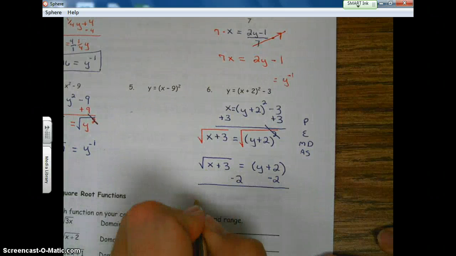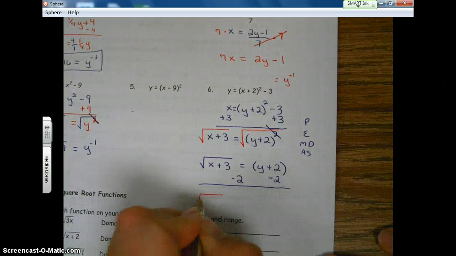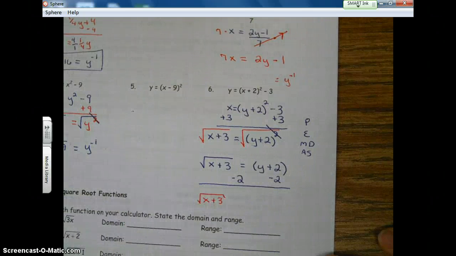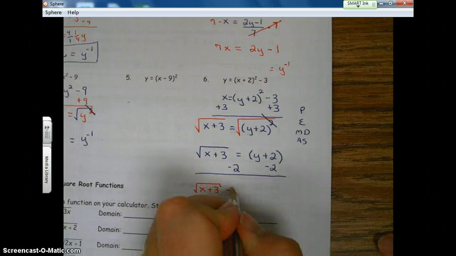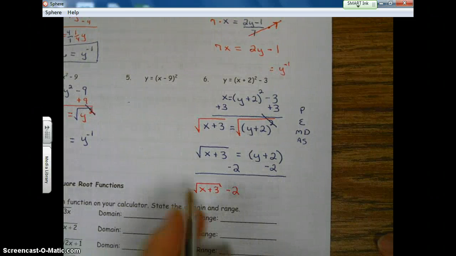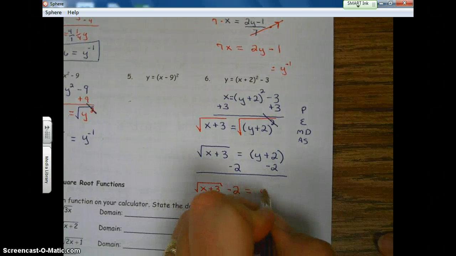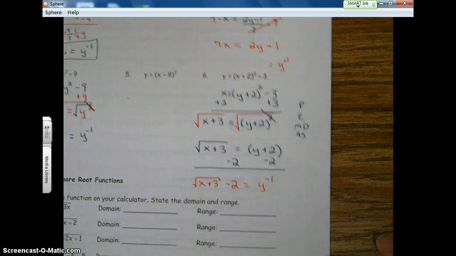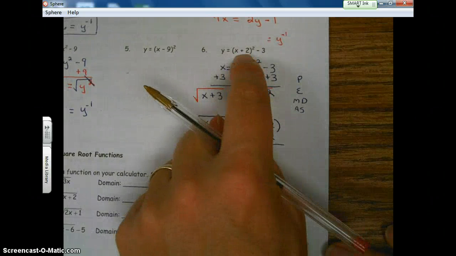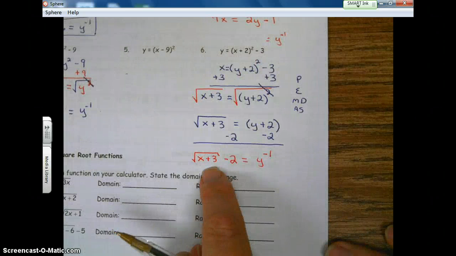We're going to have the square root of x plus 3, little tail, okay? And then the minus 2 goes on the outside. Do not combine these two. And there is your inverse function. So what do you notice? The inverse of a quadratic is a square root.